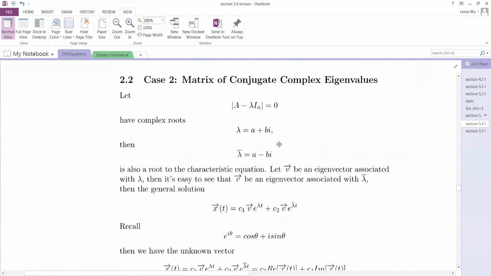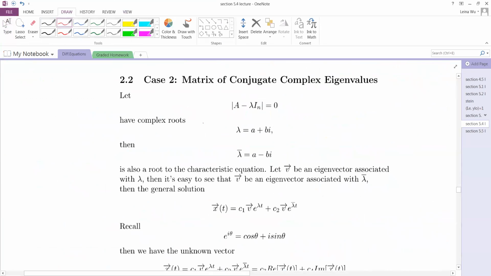In class today, we're going to continue with a second case, which is when the matrix has conjugate complex eigenvalues. Let's introduce the idea. Suppose we have matrix A, and you get an eigenvalue lambda. Let's assume lambda comes up as a complex number, a plus bi.